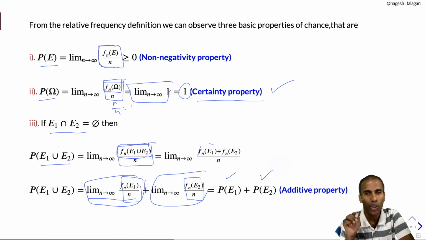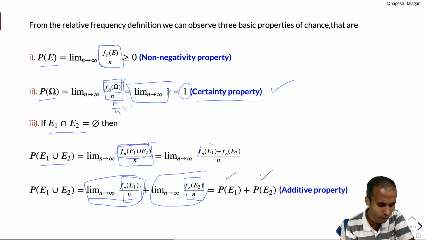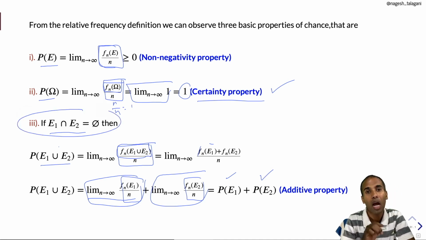Now we are going to give the axiomatic definition of probability, including these three properties as axioms. In fact, we are going to need a stronger version of the third property, called countable additivity, not just for two events or finitely many events.